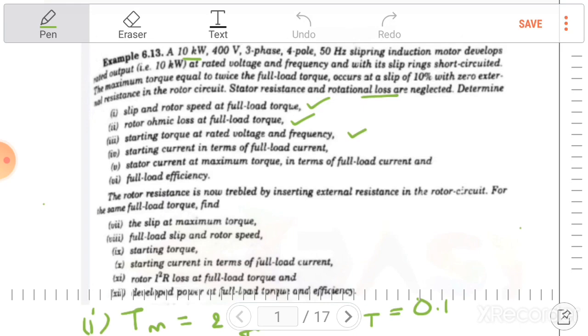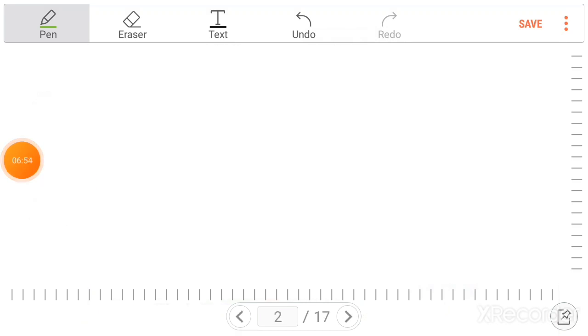in fourth option, starting current in terms of full load current is asked. In option 4, it is asking the relation of starting current with respect to full load current. So we will use the formula we have derived in example 6.12.